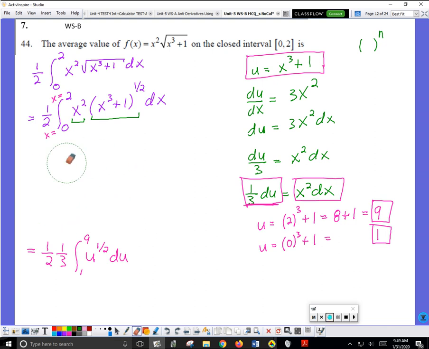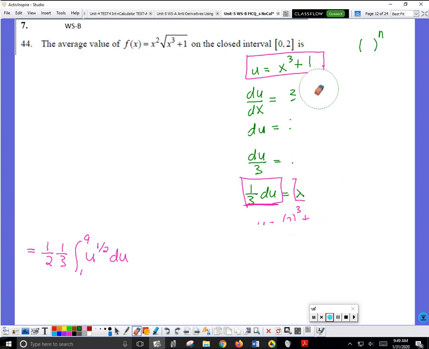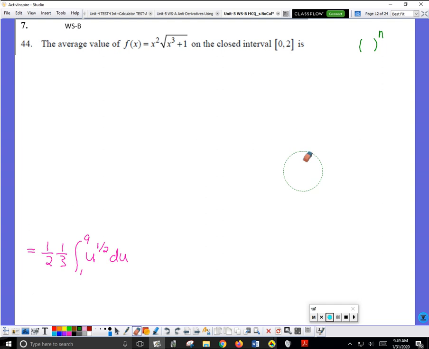I'm erasing this. If you need me to go back, I have a copy. Anybody need me to go back? Good. Okay, so.